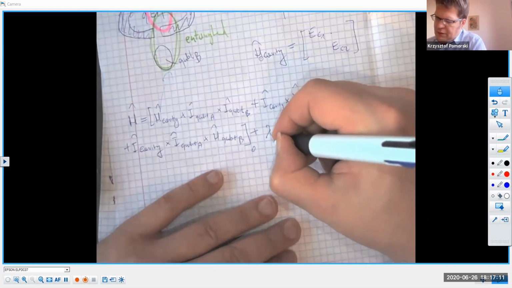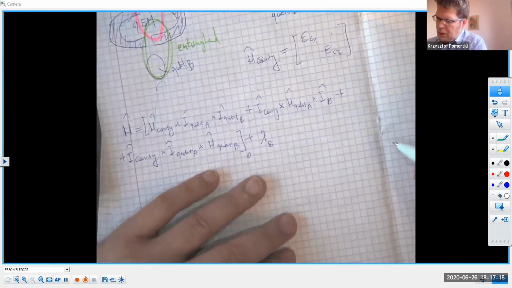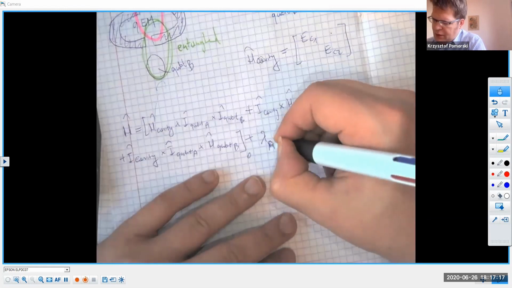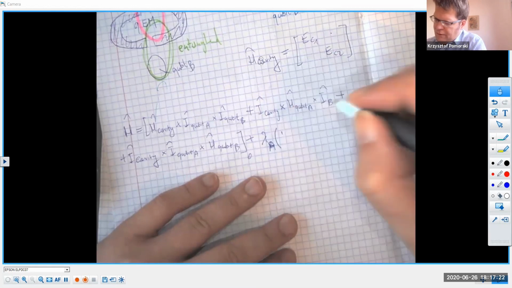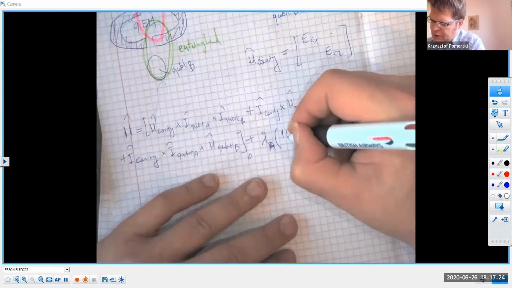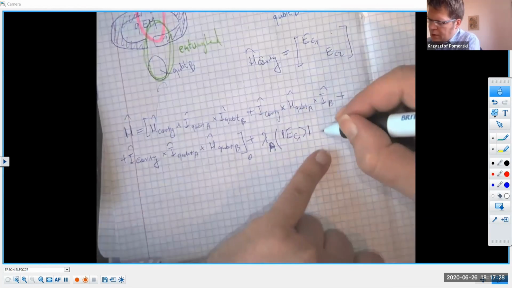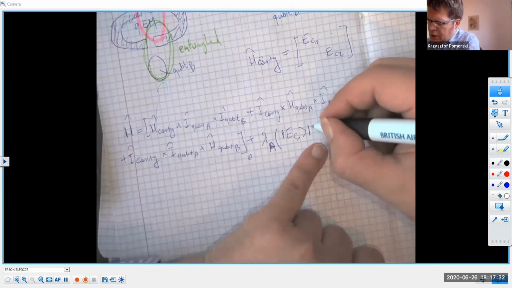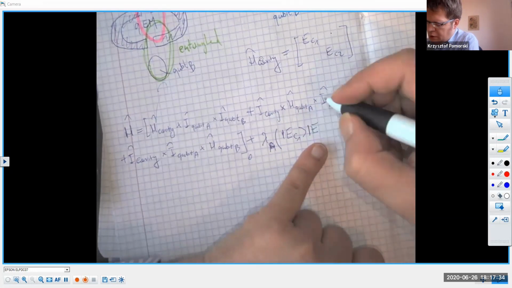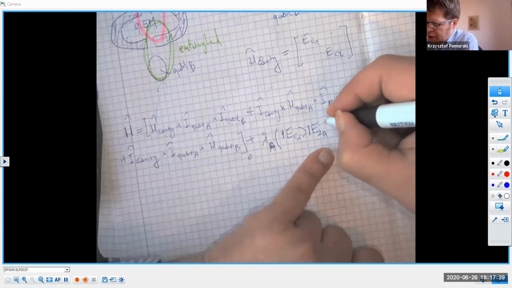There is a certain strength of interaction of qubit B with, okay, let's start from qubit A. So we have C1 to A, right?